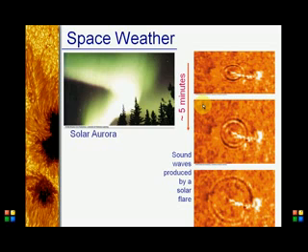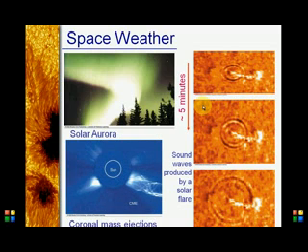And during the activity of the sun, it ejects lots of its mass in the form of charged particles, and those particles can't get through the magnetic field of the Earth except at the north poles. They are usually deflected by the Earth's magnetic field, but at the north poles they can penetrate and be seen as the solar aurora.